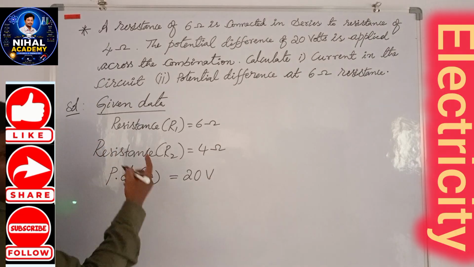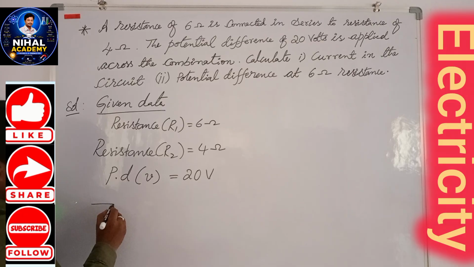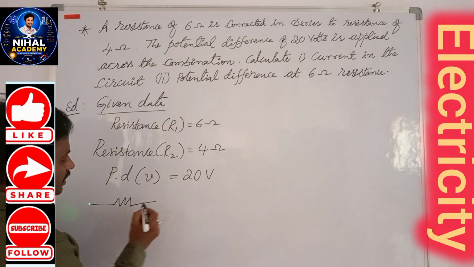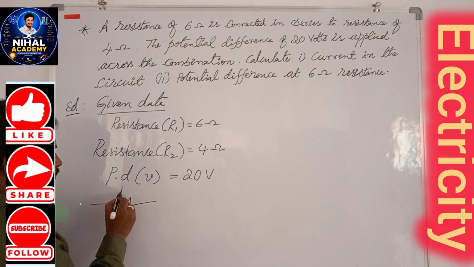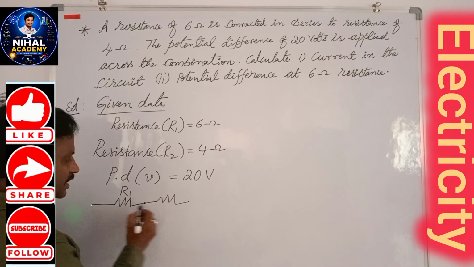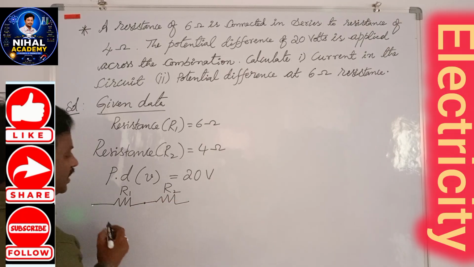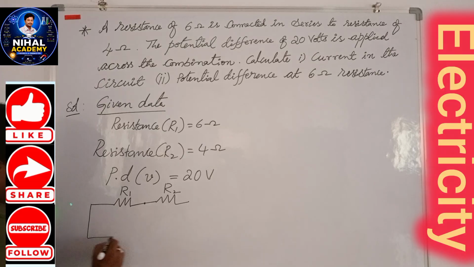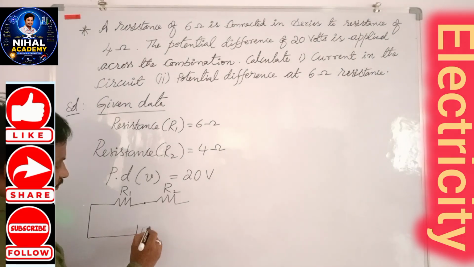Now we'll see the diagram for this. So take the two resistances. This is the first resistor, that is R1, and the second one, connected in series, is R2. Now these two are connected to the potential difference.